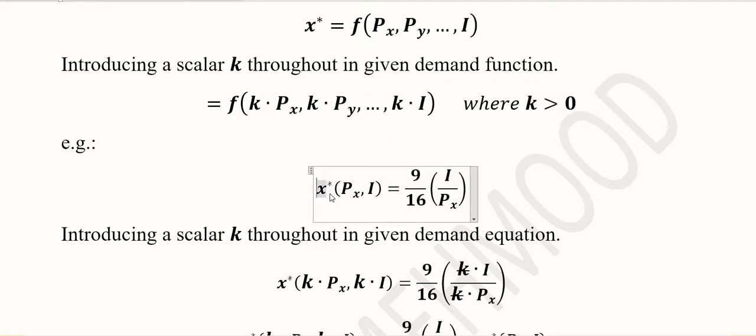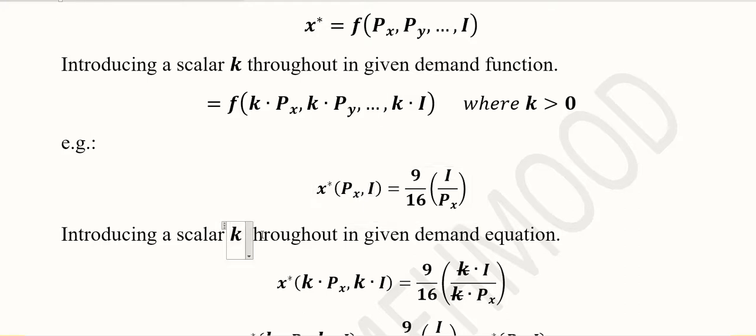Now this is x star, and it is a function of Px and I, as we developed in our previous videos, that the demand function was developed and it looked like this. It is the demand function of good x, and it depends upon Px, that is its own price, and the income.